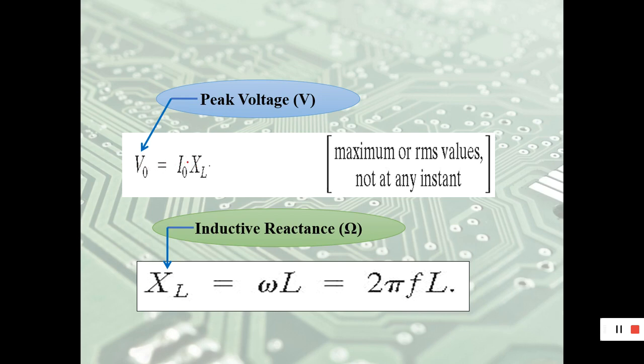What is XL? XL is the reactance for the inductor. As we know, for a resistor we have V equals IR, where R is the resistance, but for the inductance V equals I XL, where V is the voltage, I is the current, and XL is the reactance for the inductor.